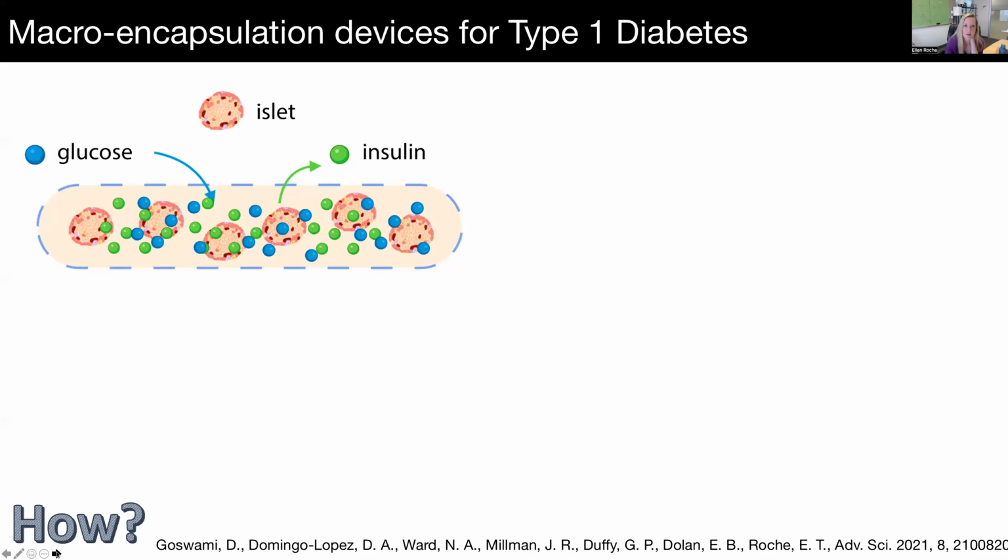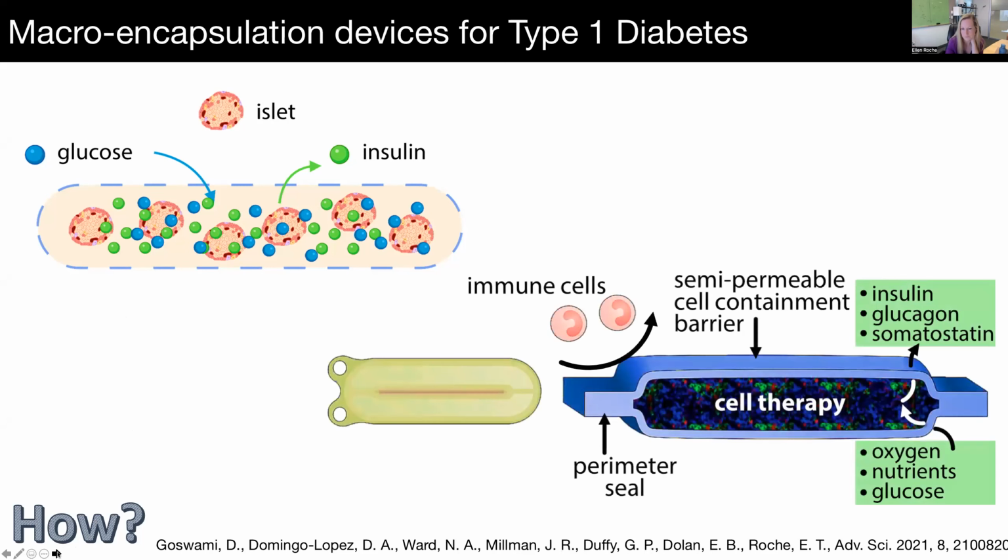This is what a macro encapsulation device would look like. It could be islet cells or beta cells inside the capsule. It has to sense glucose and deliver insulin. So there's a design consideration with a selectively permeable membrane here.